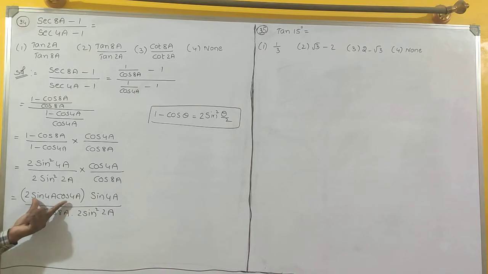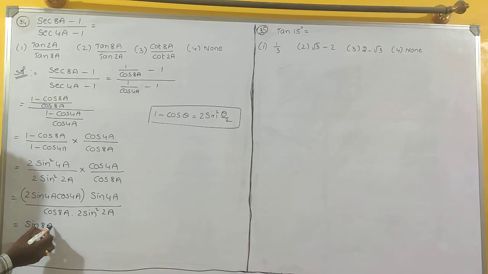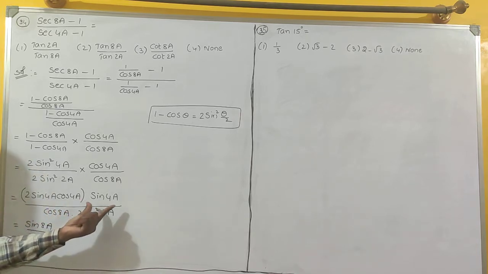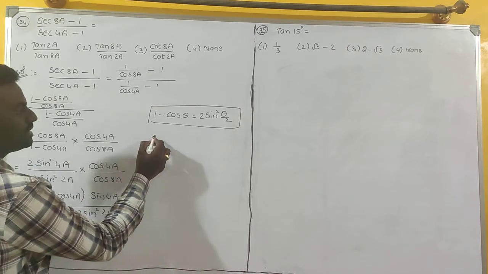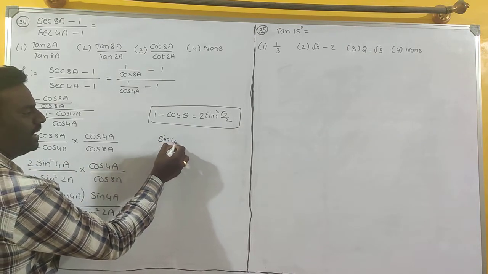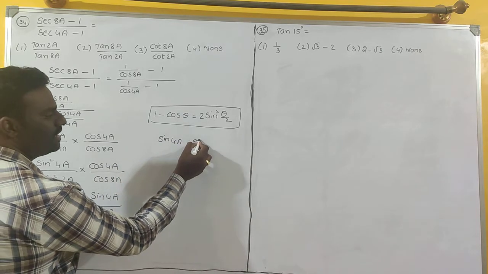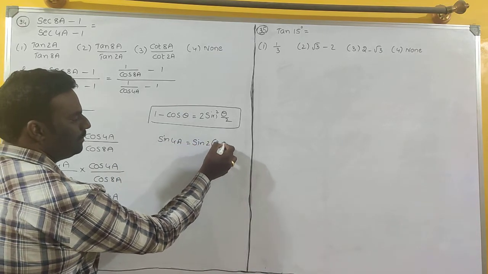It is in the form of 2 sin theta cos theta. 2 sin theta cos theta is nothing but sin 2 theta, that is sin 2 into 4a, that is nothing but sin 8a, by the denominator cos 8a. Again this sin 4a can be written as sin of 2 into 2a.